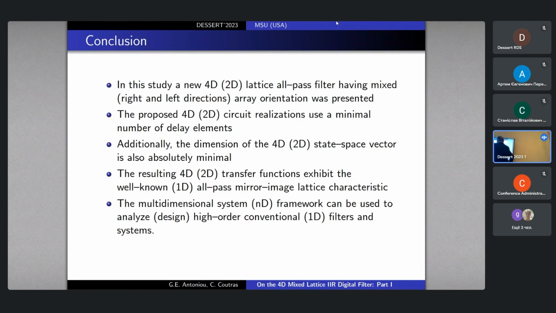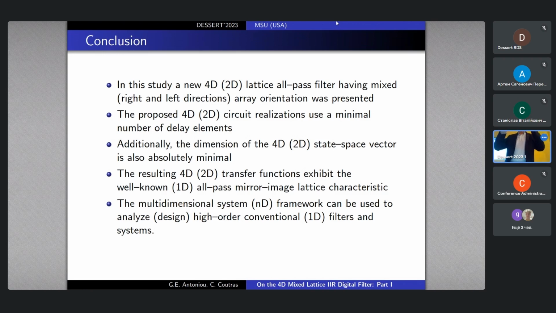Using the multidimensional framework, you can redesign high-order 1D filters, which is not possible otherwise. Up to now, everybody uses 1, 2 the most, 3 the most. They don't use 4th and 5th order 1D filters. Using this technique, you go from behind, okay?